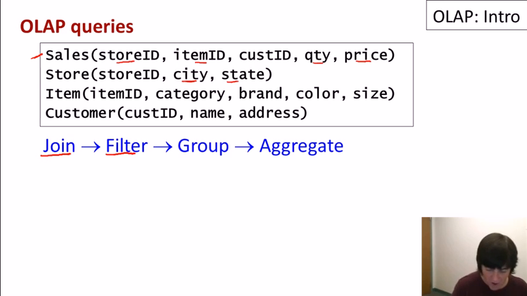After filtering, there's often a group by and an aggregation. So we might decide that we're interested in figuring out our total sales divided by customer or by item or by state, or all of those. And then the aggregation might sum up the sales, or it might determine the average price that's sold. We'll be doing a number of this type of query in our demo later on.